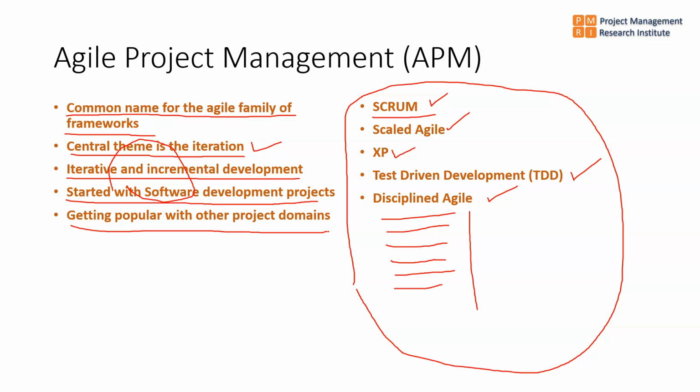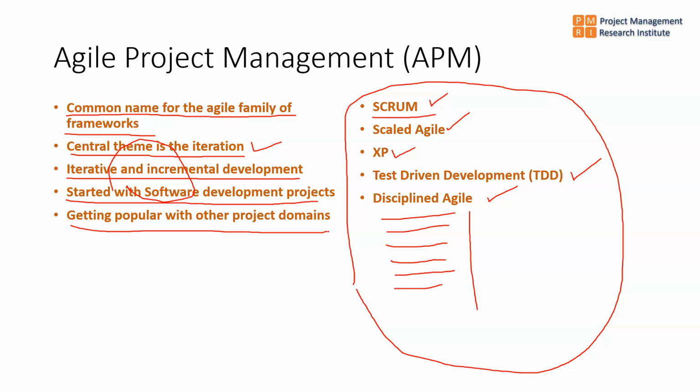Because of the pandemic, most of the project teams are working from home, so they started using Agile best practices along with the traditional project management frameworks as well. So now Agile is making a foray into EPC projects as well in a big way.